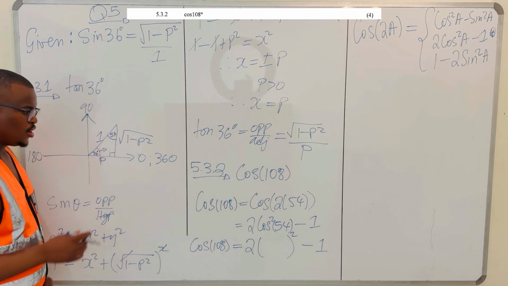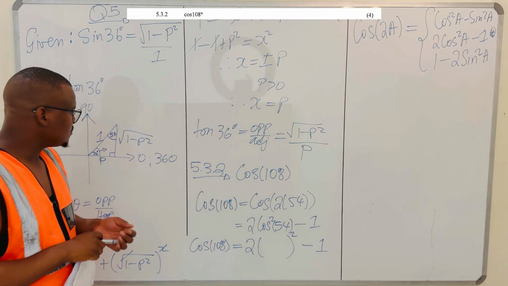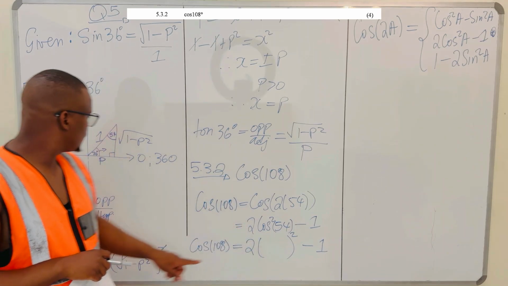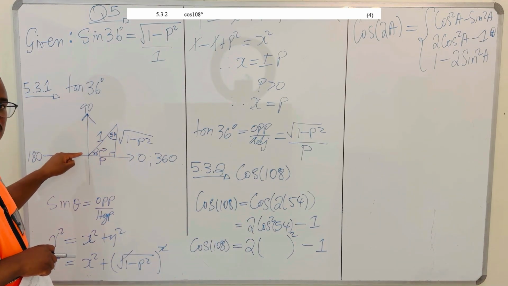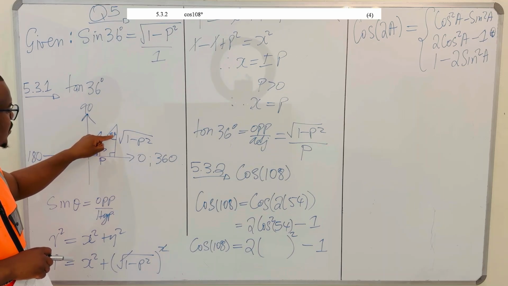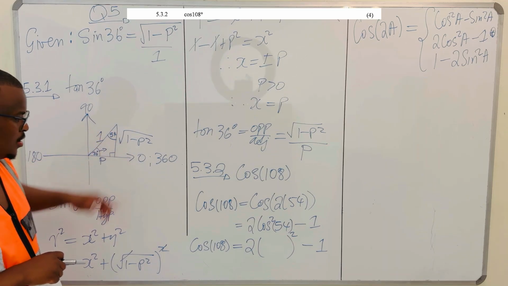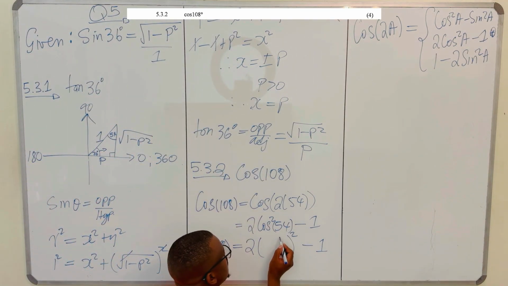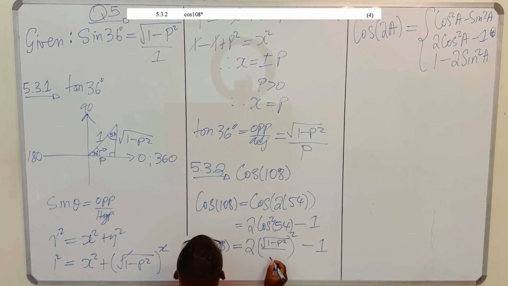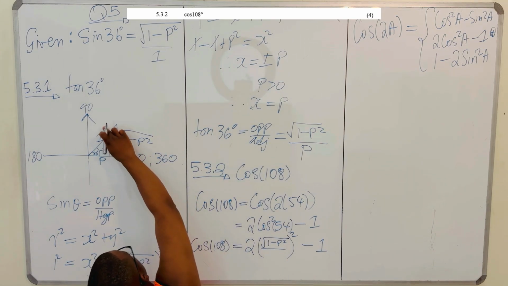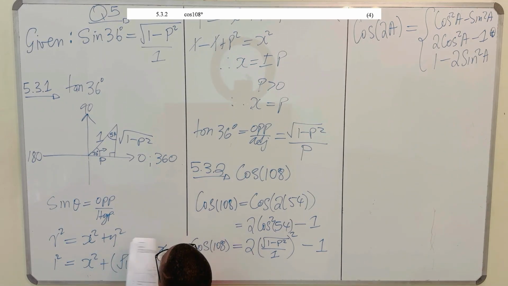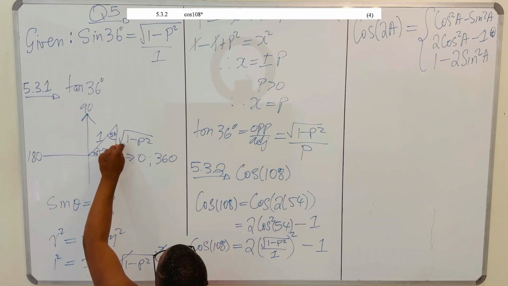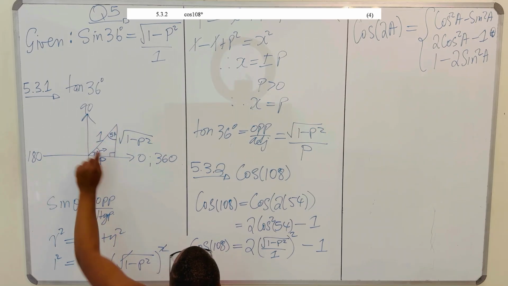The cosine of 54 is the adjacent side over the hypotenuse. The adjacent side of 54 is this one here, square root of 1 minus p squared, all over the hypotenuse, which is 1.